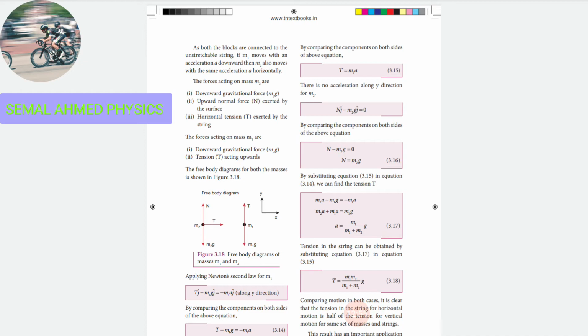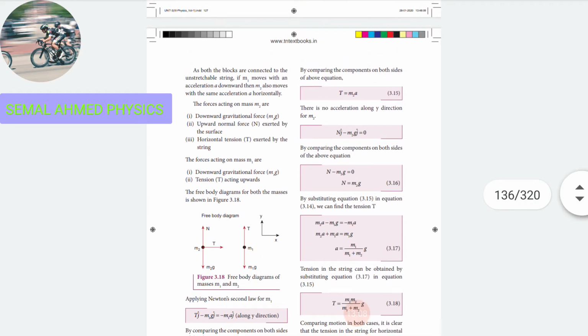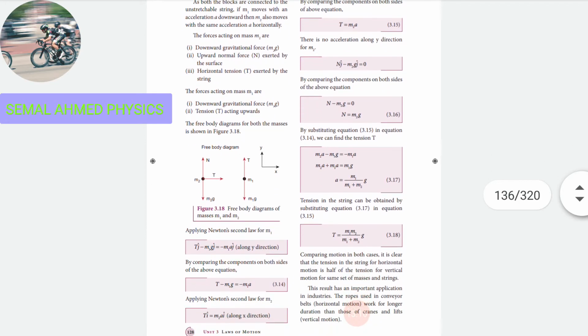Next you can see m2a minus m1g is equal to m1a. From equation 3.15 we can substitute into equation 3.14. Here 3.15 gives T is equal to m2a, and that value is substituted in equation 3.14. So that will become m2a minus m1g is equal to minus m1a.